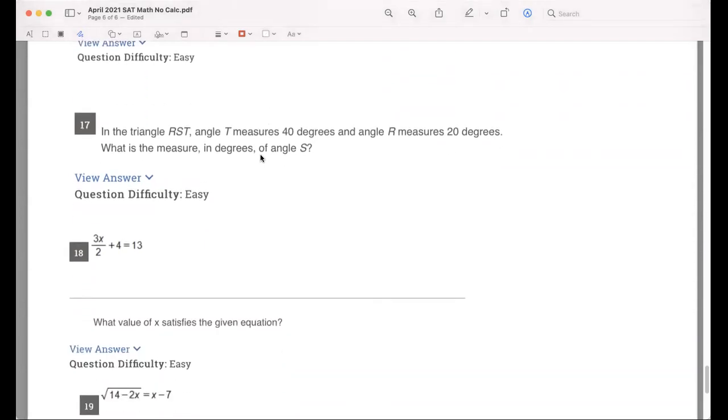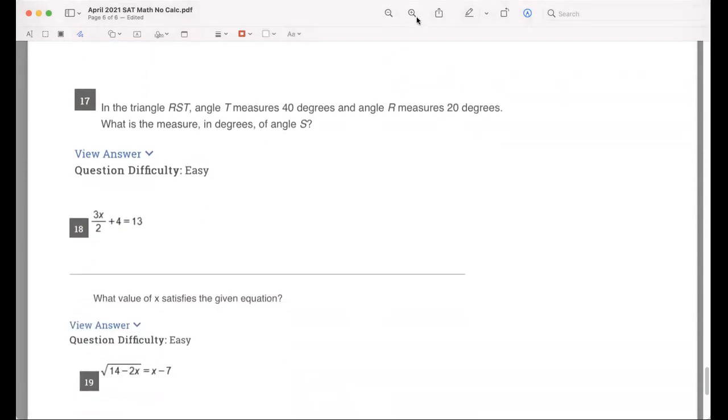In the triangle RST, angle T measures 40 degrees and angle R measures 20. What is the measure of angle S? T plus R plus S has to be 180 because angles of a triangle sum to 180. So 40 plus 20 plus S is 180.